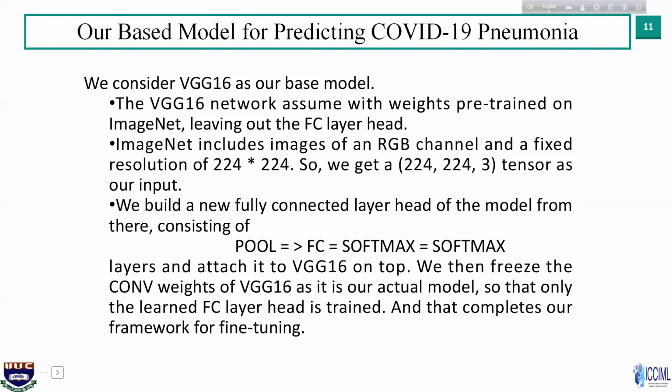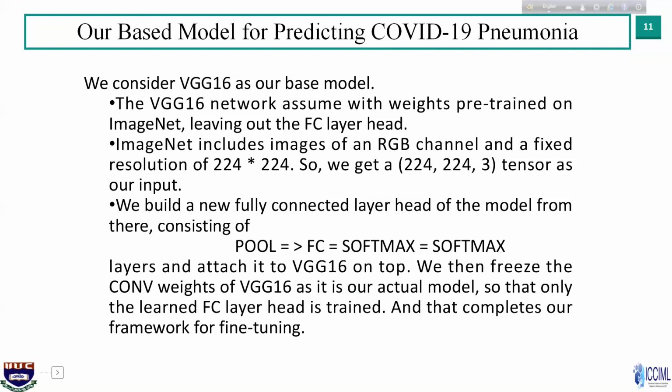Here is our base model for predicting COVID-19 pneumonia. We consider VGG 16 as our base model, where we consider 224 by 224 image size. We build a new fully connected layer head for the model, consisting of a pooling layer, fully connected layer, and softmax layer, and attach it to VGG 16 on top.